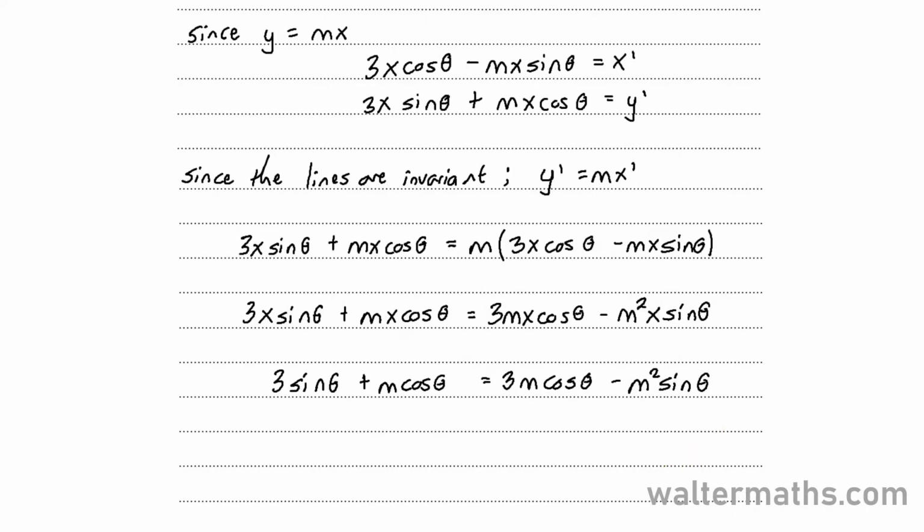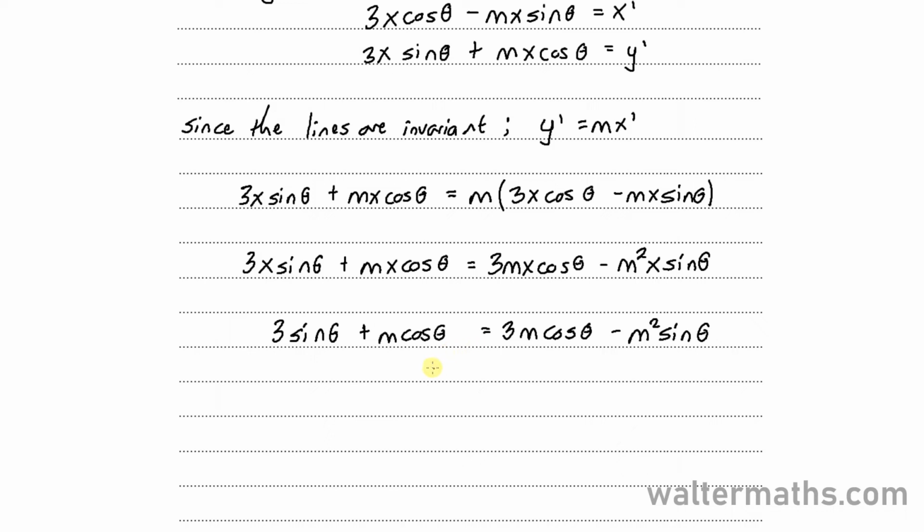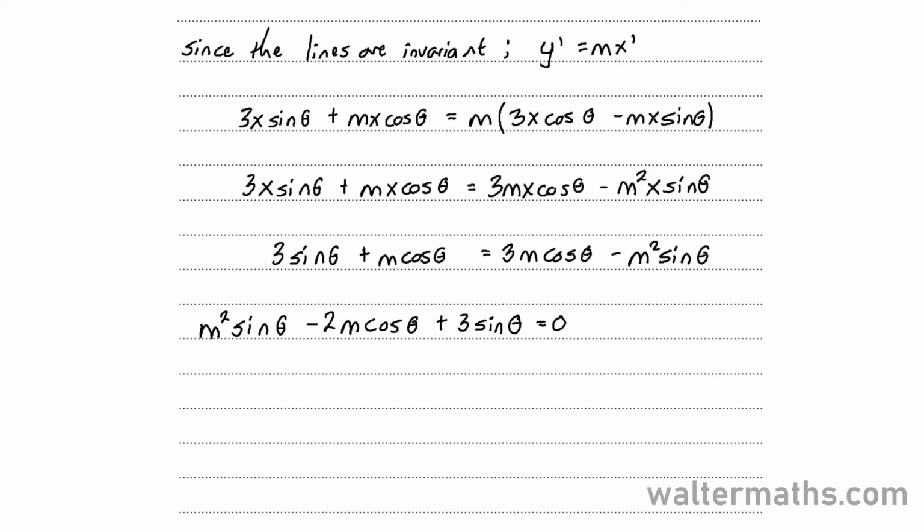And I'll take everything on the right side to the left side, so that eventually we'll be having m squared sine theta. And when we cross over 3m cos theta to the left, it will now be m minus 3m cos theta, which is minus 2m cos theta, plus 3 sine theta, and that's equal to 0. So this is the equation that we end up having right here.